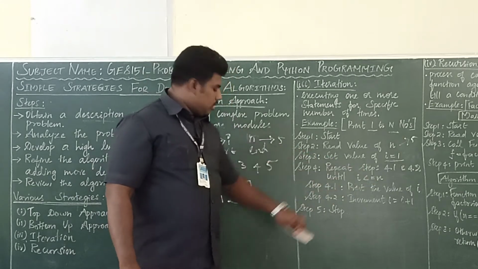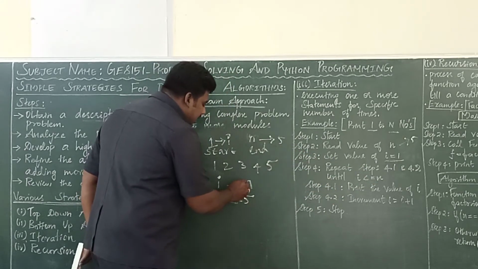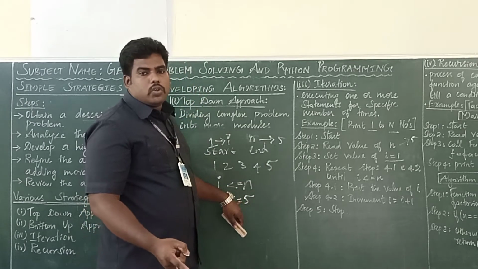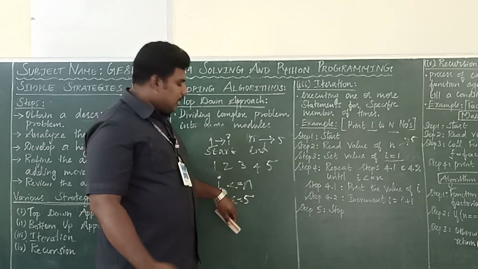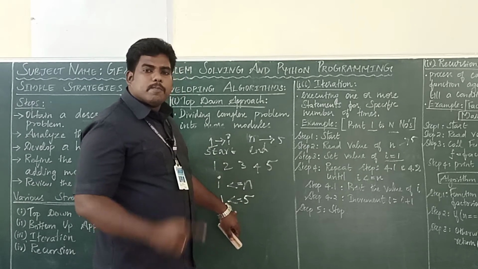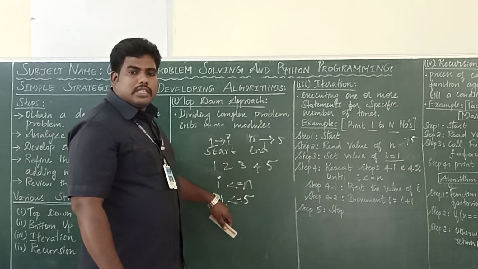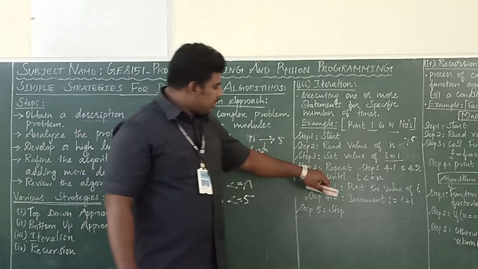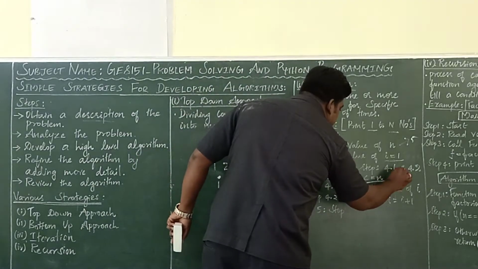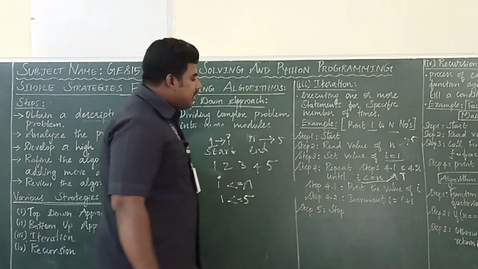I less than or equal to n: as I want to print till the last value, I put less than or equal to. If I want to print till 4, it means less than; here I want to print till 5, so I am using less than or equal to 5. Whether this condition is true. This condition is true. If the condition is true, you have to repeat 4.1. What's 4.1? Print the value of I.